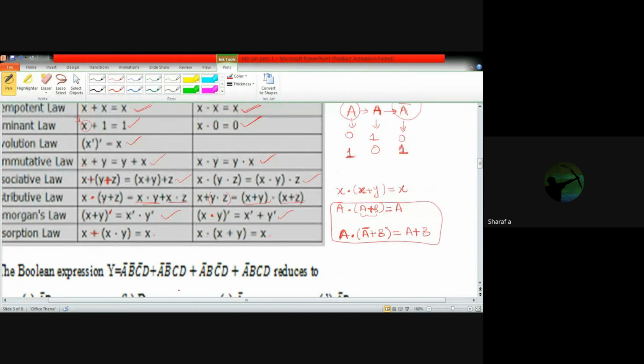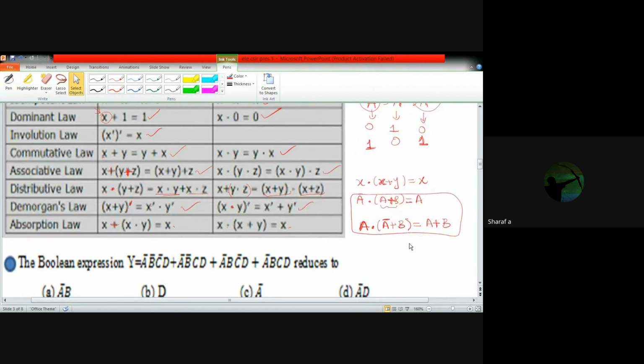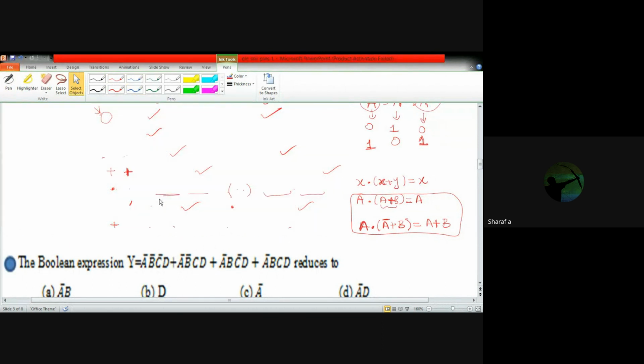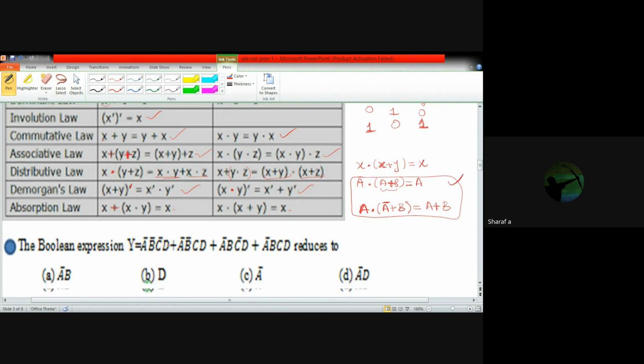Keep in mind that De Morgan's theorem and both absorption theorems are very important. The absorption theorem is very crucial.